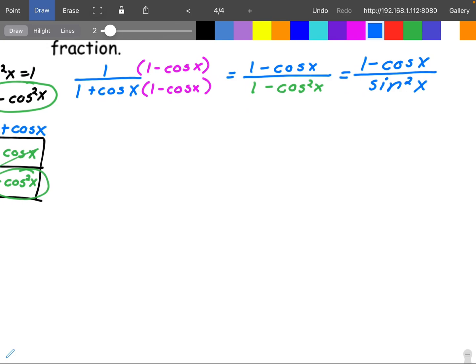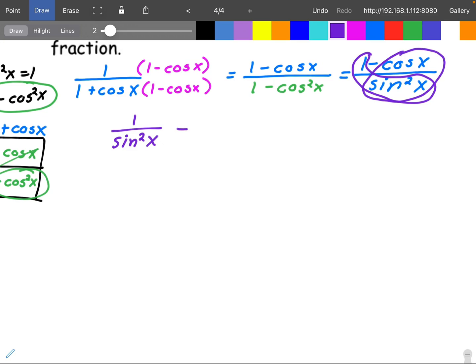So my first fraction is going to be 1 over sine squared x. Then I'm going to have minus, and then my second fraction is cosine x over sine squared x.